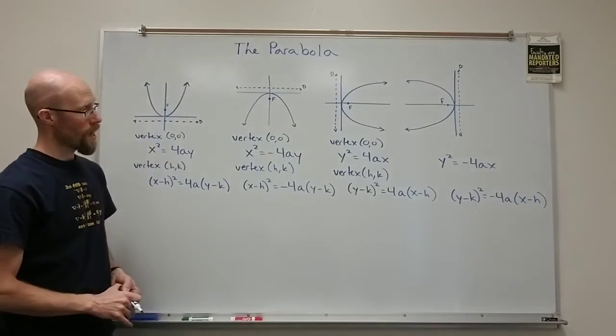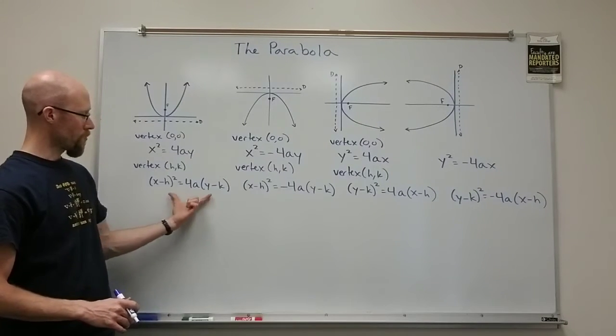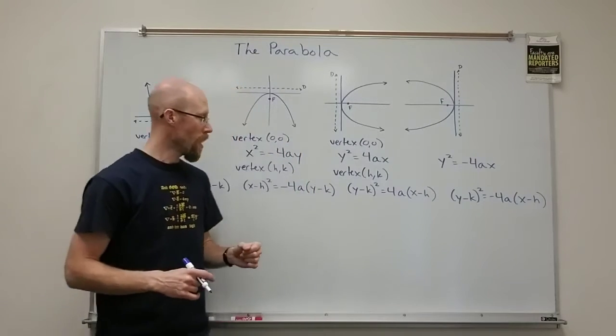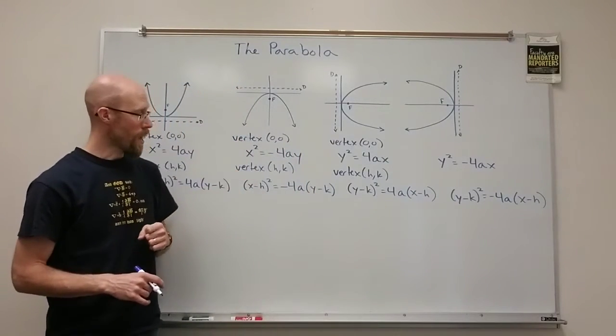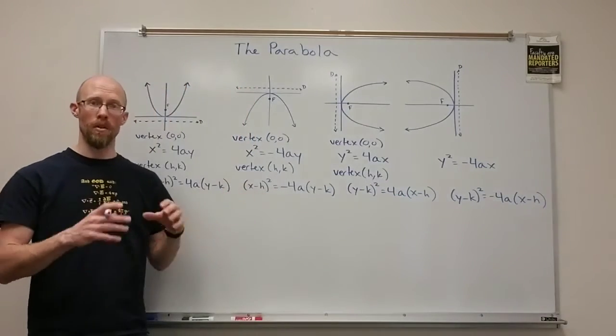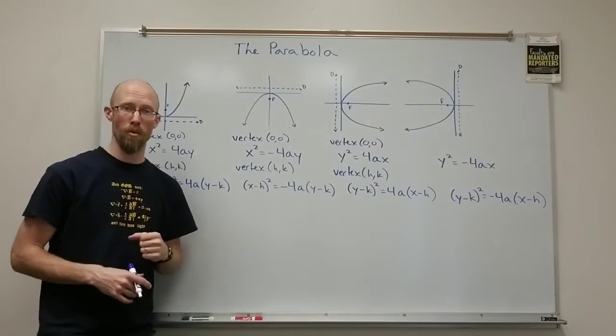And so now we have equations that represent transformations of the graph: vertical and horizontal shifting, reflections, and the change in the a value on any of these will give us a change in the opening of the parabola, the width of the parabola.